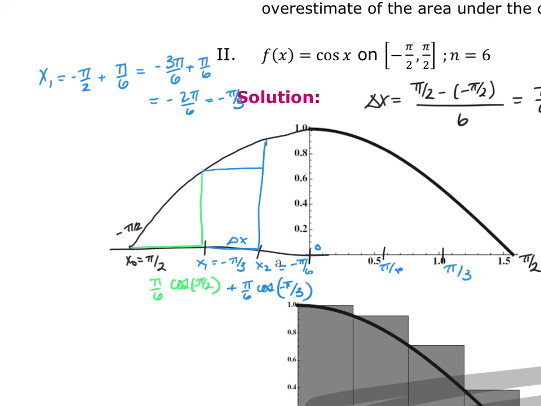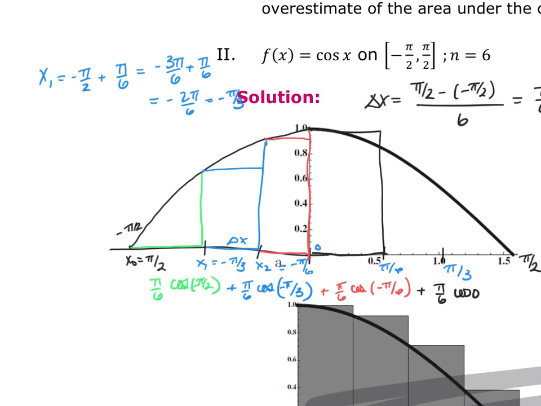My next one is going to be this height and that delta x. So it's going to be plus pi over 6, the cosine of negative pi over 6. And then my next one is going to be this width and this height. So that's going to be plus pi over 6, the cosine of 0.